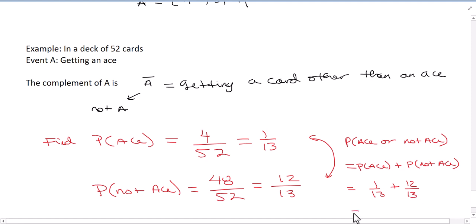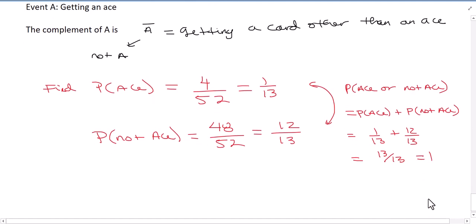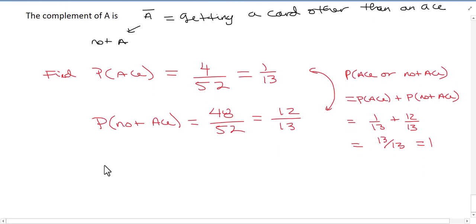Notice that that adds up to 13 out of 13, which is 1. So another way that I can find the probability of not ace is 1 minus the probability of ace. Since they add up to 1 together, probability of ace plus probability of not ace adds up to 1, I can say 1 minus my known probability.